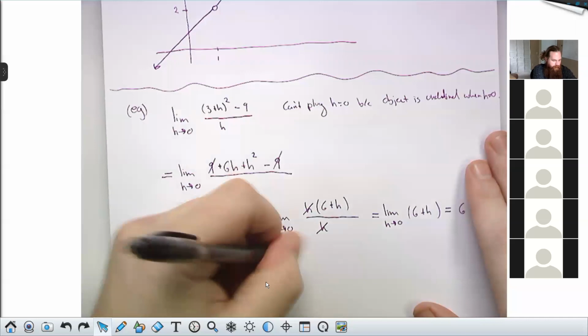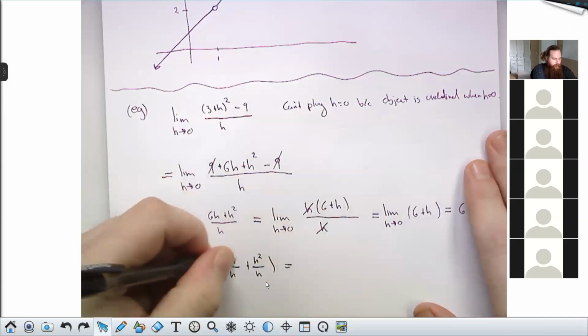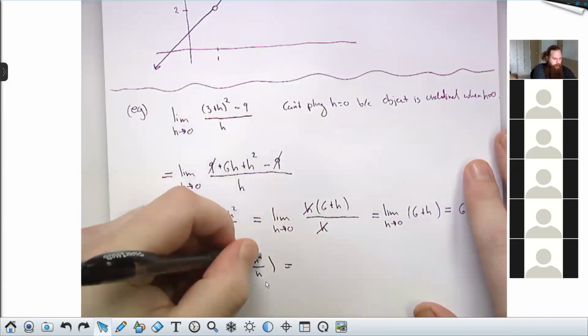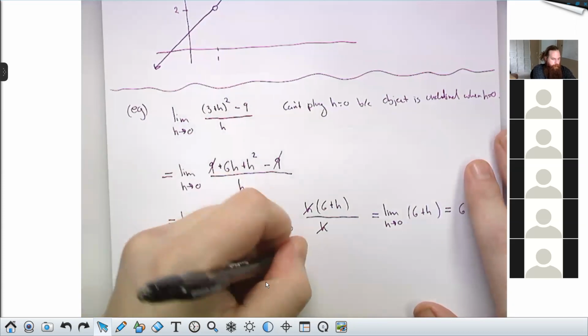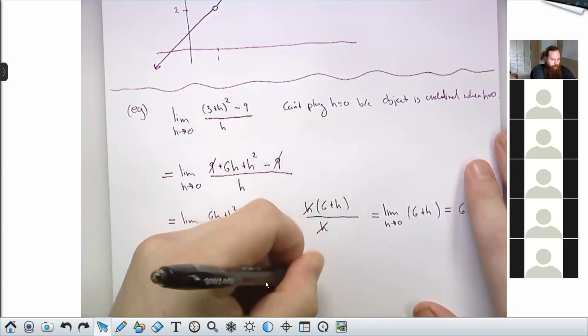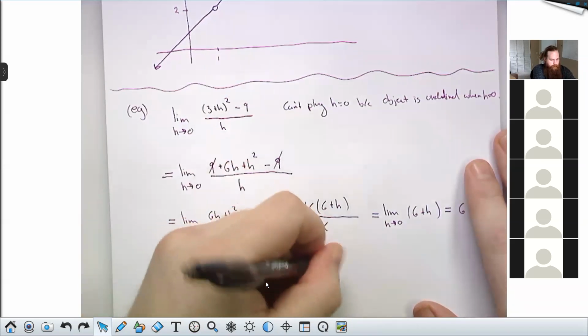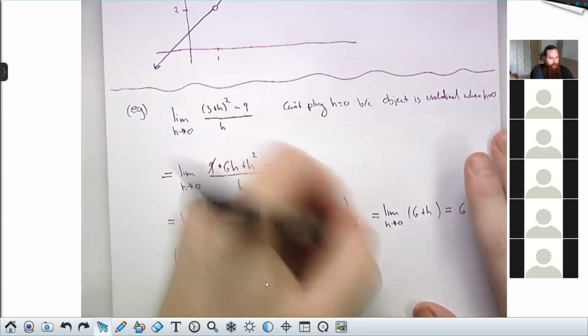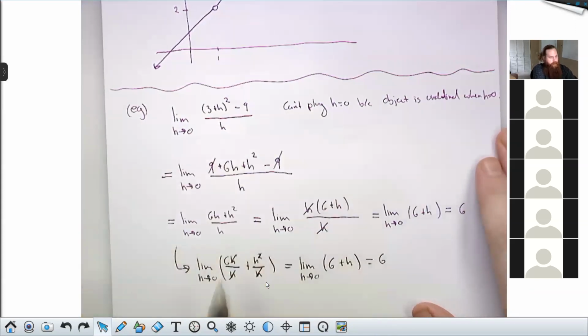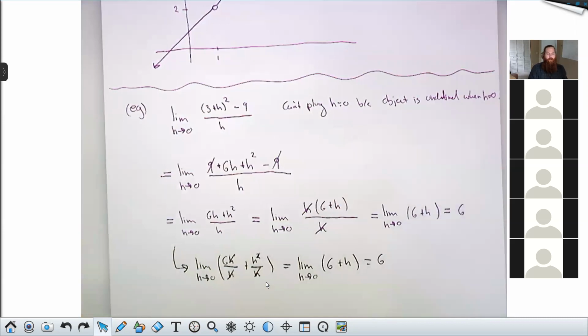So before we could actually get there, we would have to cancel the h and the h. We would have to cancel the square here with this h, and we'd get the limit as h goes to 0 of 6 plus h again. So as long as at some point you cancel all the h's from the denominators, you'll be okay. The game is to get rid of the factors in the denominator that are going to 0.